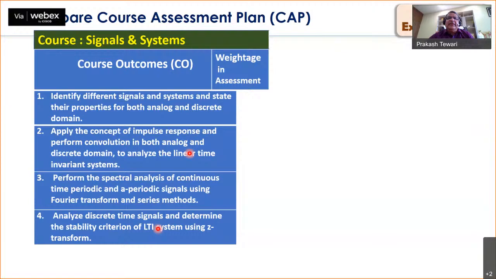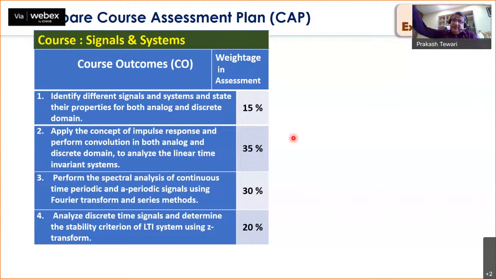In the second column, you write weightage in assessment. That is, in your assessment, how much weightage you want to give. That means how many questions you want to ask related to CO1, how many marks you want to allot for CO2, how many marks for CO3, CO4, depending on their importance.